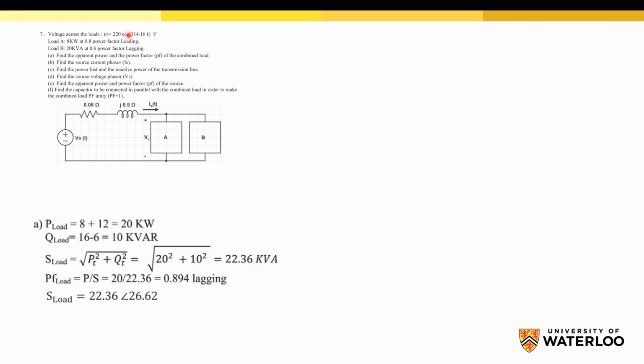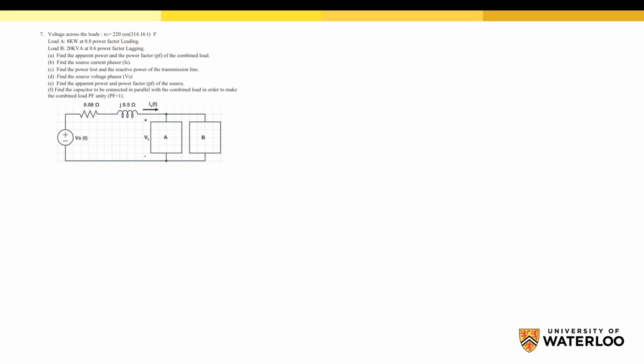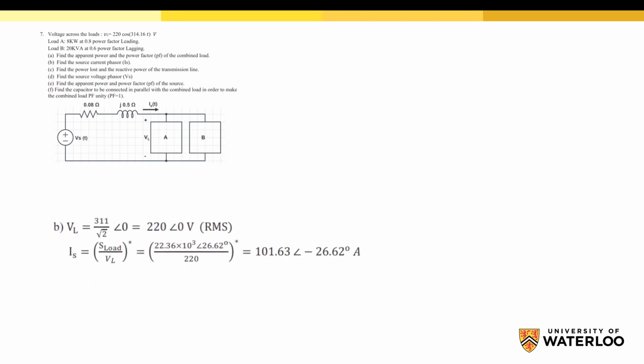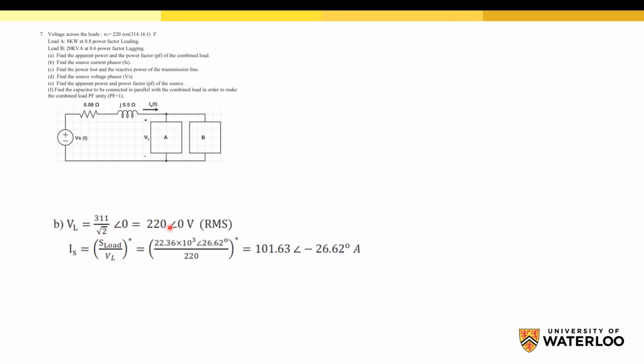So the voltage is 220, okay? This is not 311. It's given 220. So this is the voltage. So the current is S over V all conjugate. So we can calculate the current.